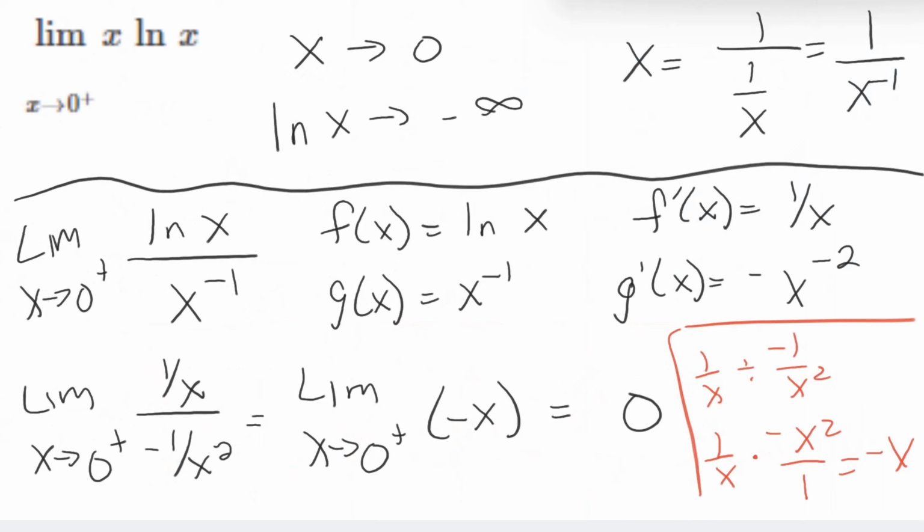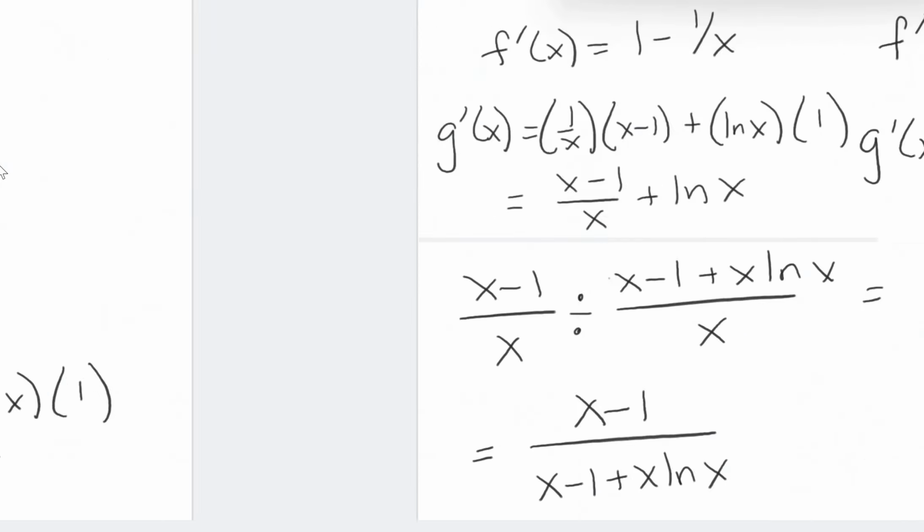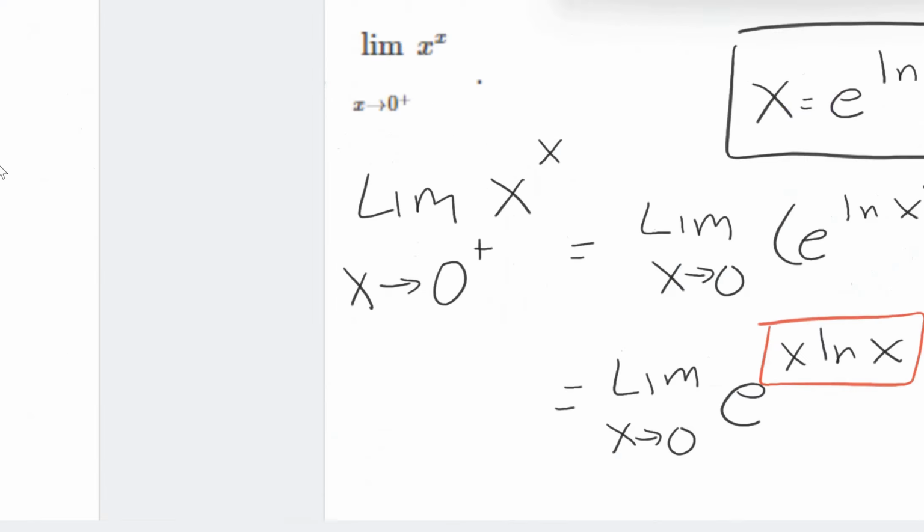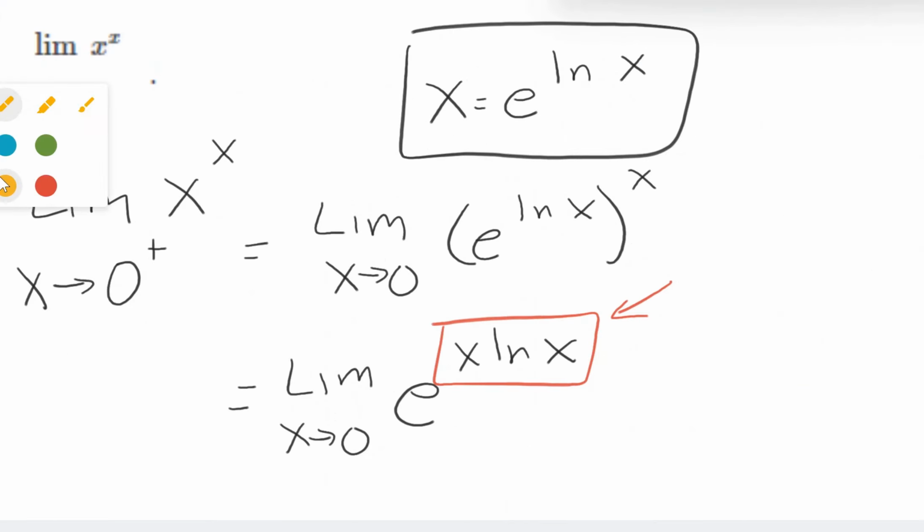There's the problem, right? My limit was 0. Limit as x goes to 0 of x ln of x is 0, correct? That was that product problem we did. So if we go back to this problem, that is 0. So this goes to e to the 0, which is 1.